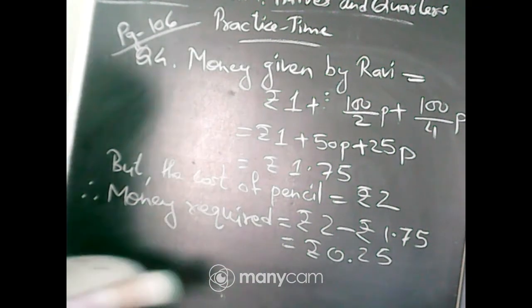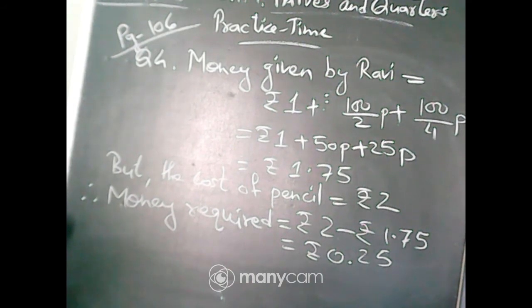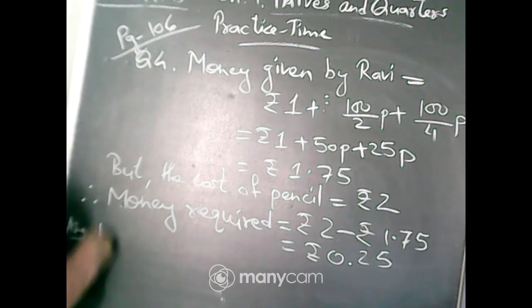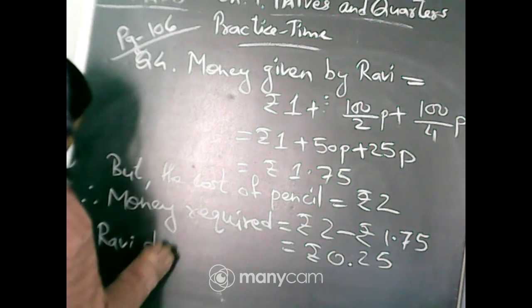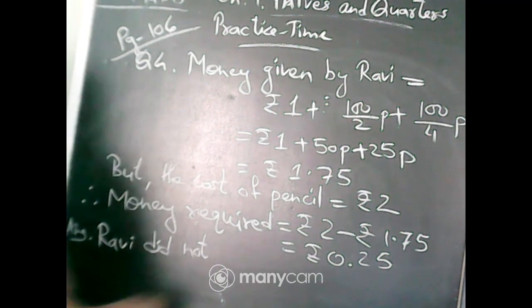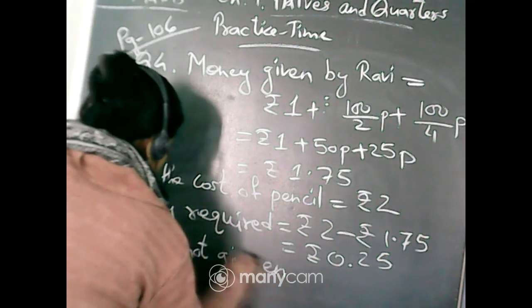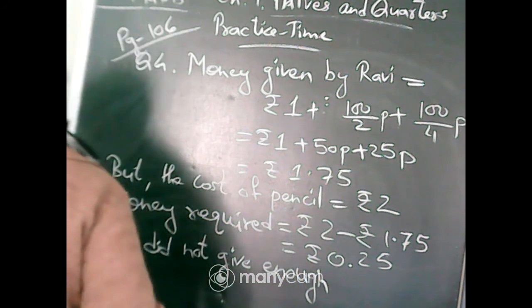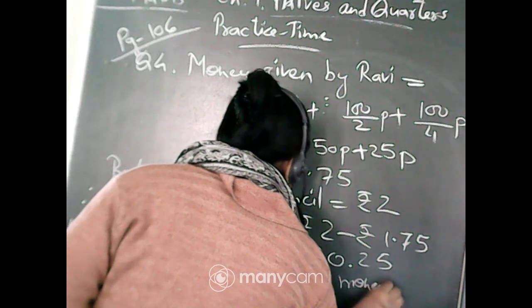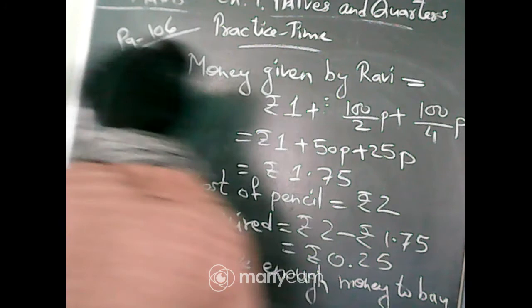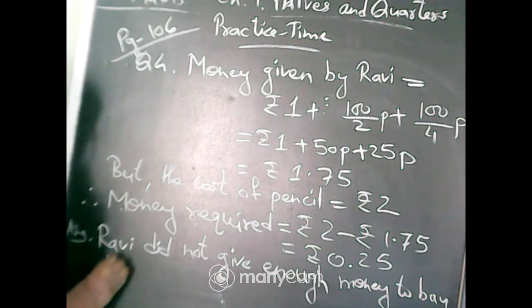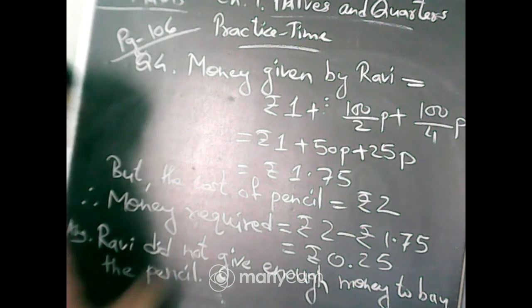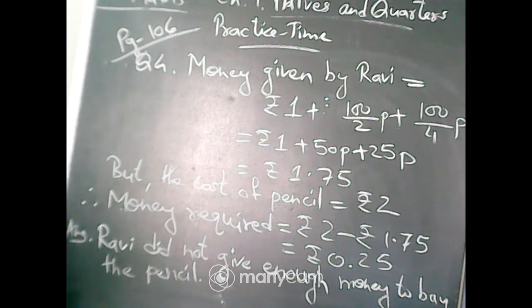Then you write the answer. Answer will be: Ravi did not give enough money to buy the pencil. 0.25 rupees more are required to buy the pencil.